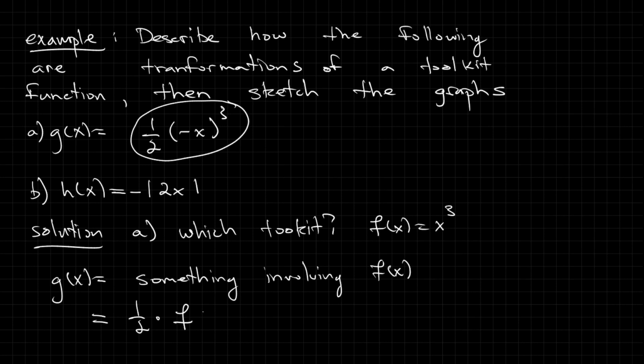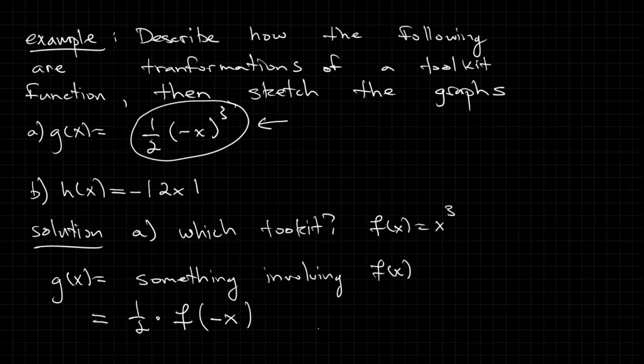Now, f of what? Whatever you put in this parentheses, it has to be the thing that's being cubed. And in part A, what's being cubed? Negative x.